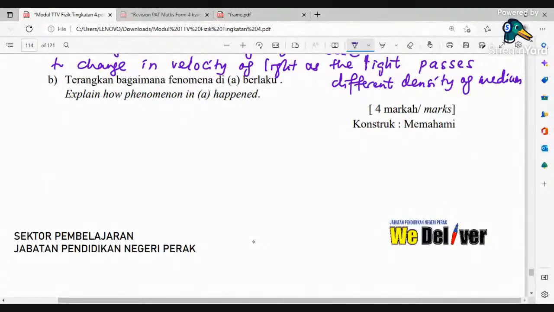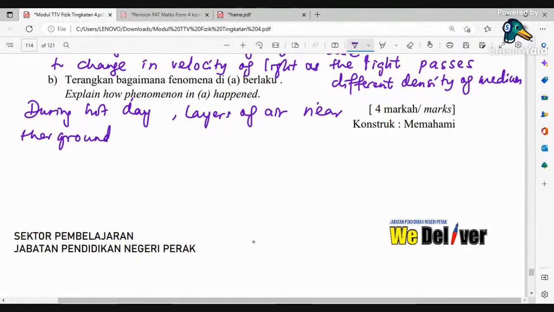Okay, during hot day, layer of air down near the ground is hotter than the layers of air above it. Okay, so itu yang pertama.